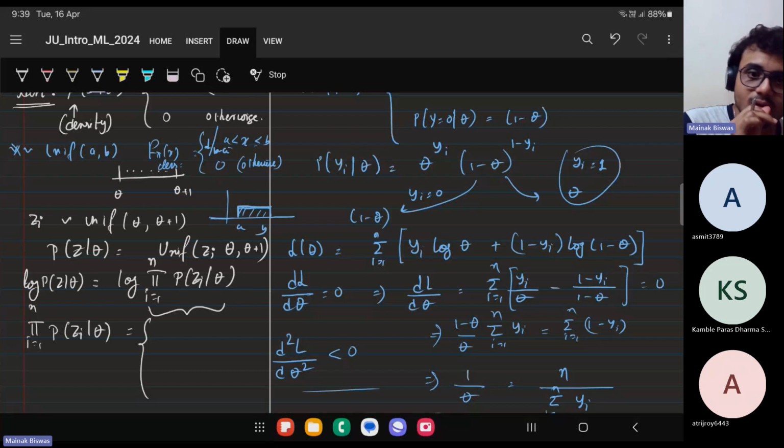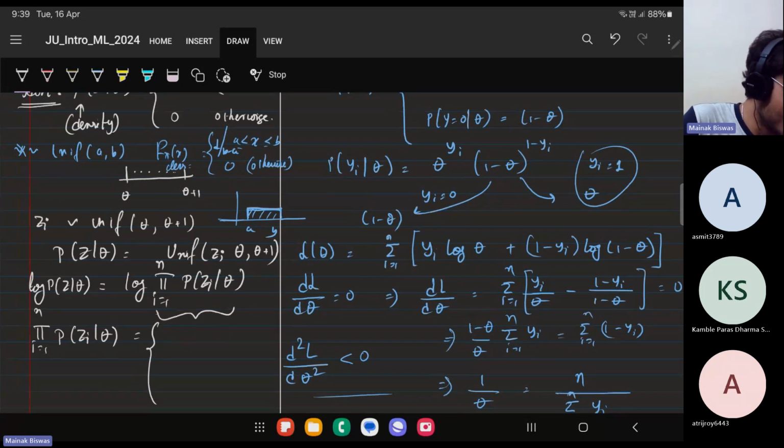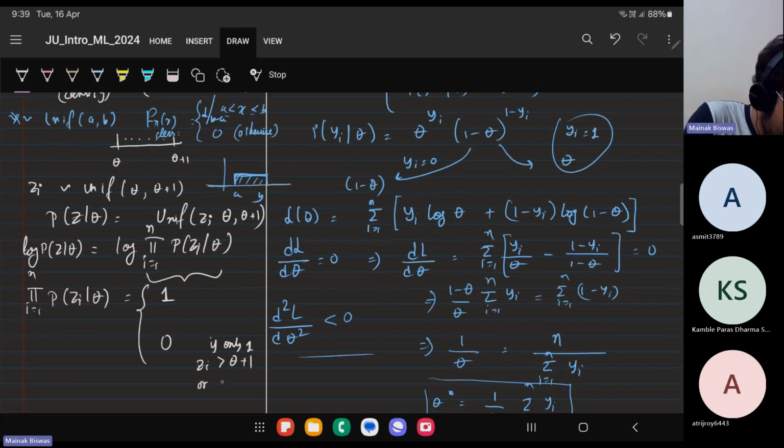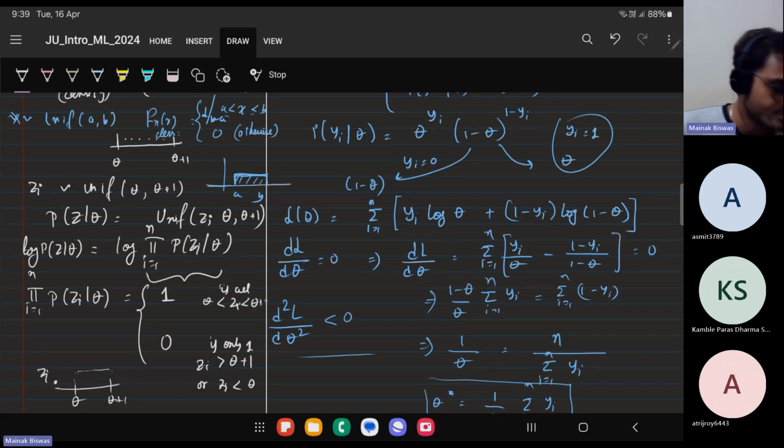Now, what are the values it can take? Do you agree they can be either 0 or 1? It is 0 if even one zi is greater than theta plus 1, or zi is less than theta. If only one zi is outside, then it will become 0, right? It is 1 if all zi are between theta and theta plus 1.